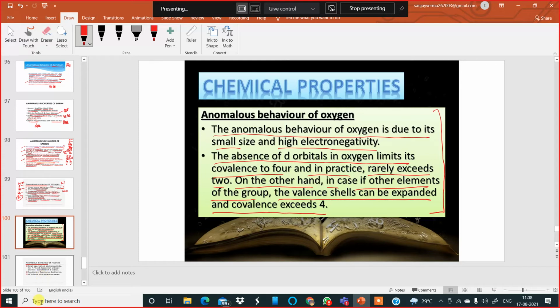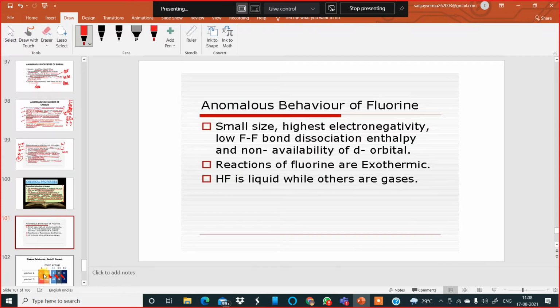Then moving to the next slide, the next element is fluorine, anomalous behavior of fluorine. Again, it is because of small size, highest electronegativity. Among all the elements discussed so far, fluorine has the highest electronegativity. It has low F-F bond dissociation enthalpy.